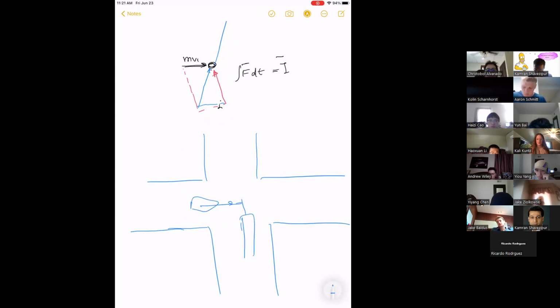Depending on how they hit, when this guy hits this guy, it's going to go that way, right? That's how it goes. Why? Because you have impulse this way, velocity that way, and then the final momentum is going to be this way. The car goes that way. That is how impulse momentum analysis works.